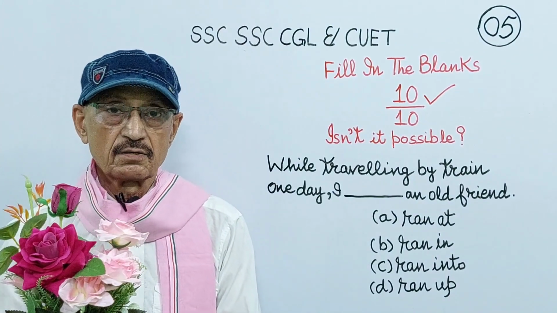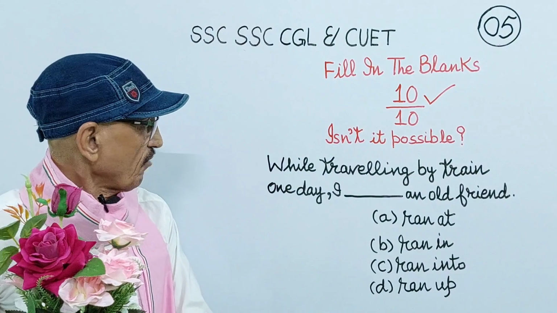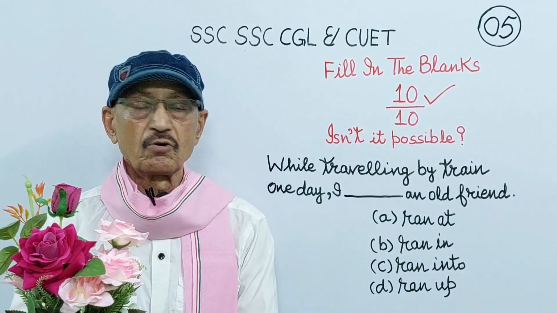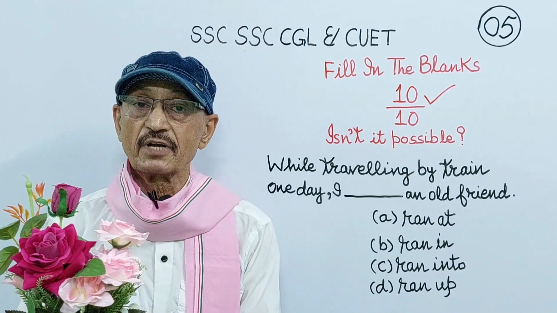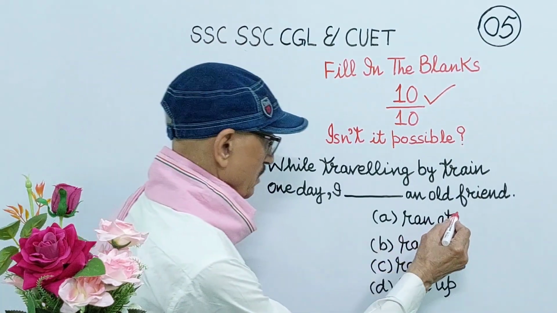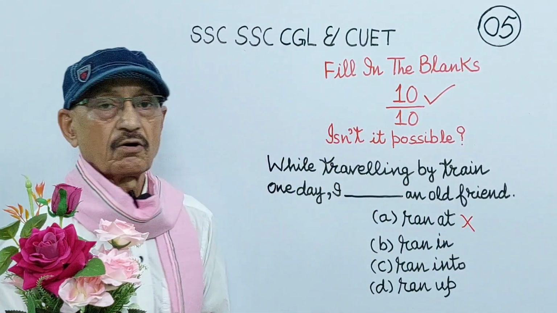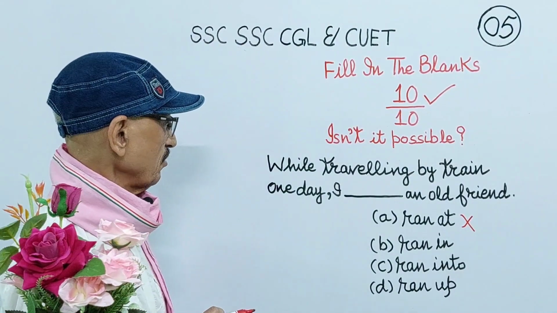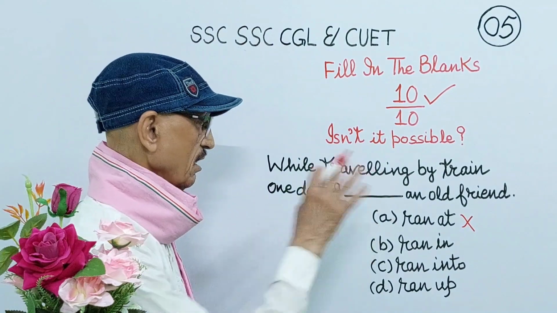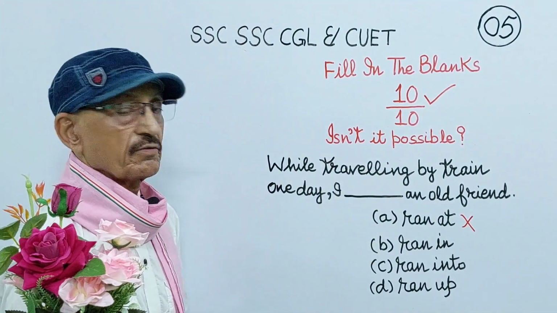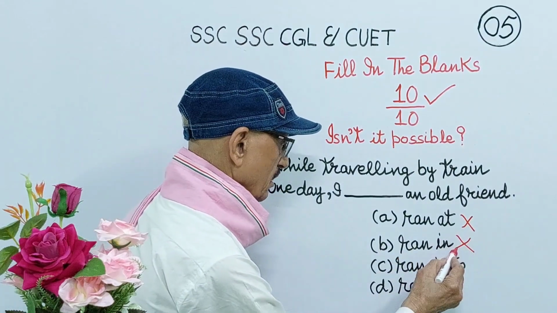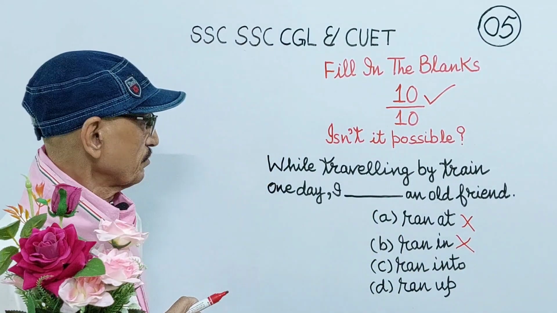Let us try each one of them. While traveling by train one day, I ran at an old friend. This is incorrect, doesn't give any meaning. Wrong. While traveling by train one day, I ran in an old friend. No, again wrong. Ran in doesn't make any sense.